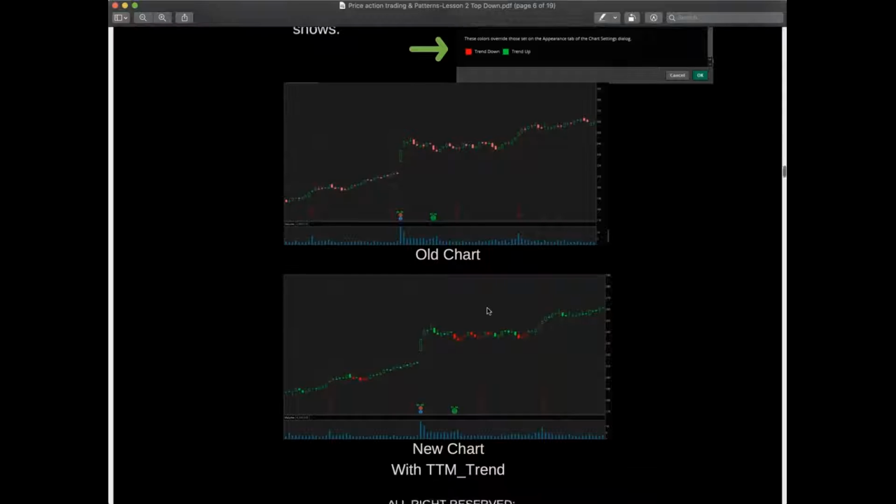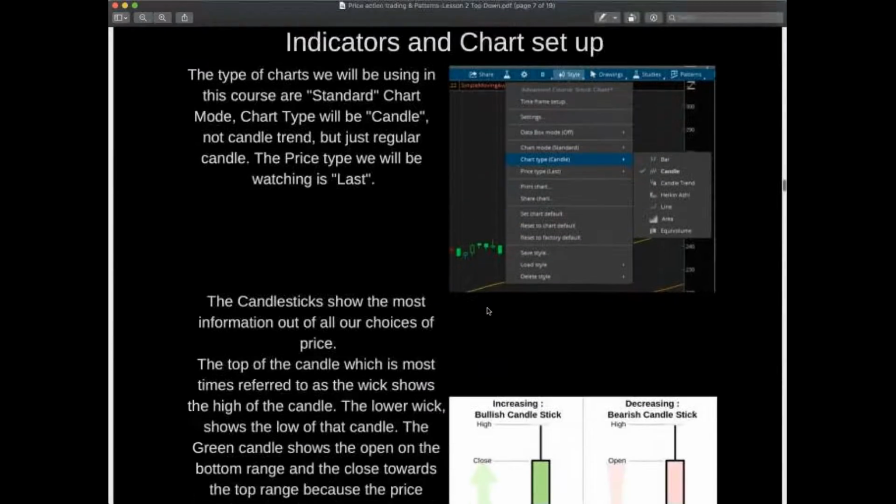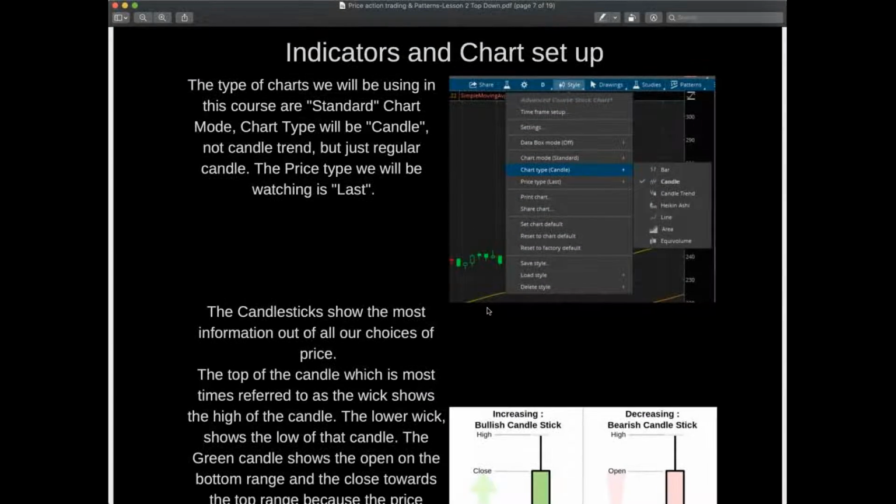Yes, TTM Trend. So this is your old chart, and this is how your new chart's going to look. All right. So the next indicator is candle type, and we're going to do candle. It should be automatically placed on your chart like that, but I put that in just in case it's not.